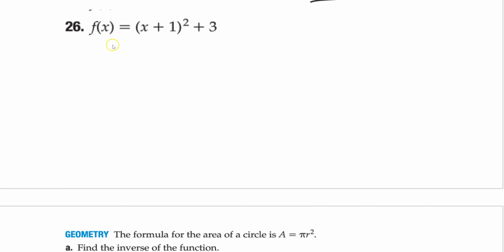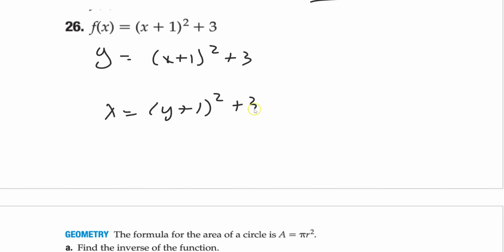Right, so let's find the inverse of this. So I'll make that a y. y equals the quantity x plus 1 squared plus 3. We're going to switch x and y. So that becomes x and that becomes y. Now we have to get the y by itself. So first thing I'm going to do is subtract the 3. So x minus 3 equals y plus 1 squared.